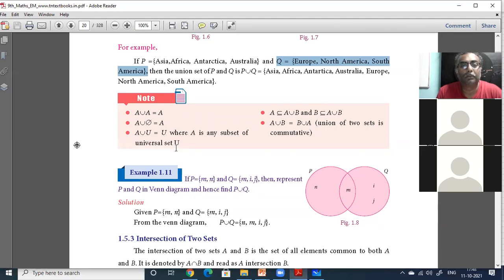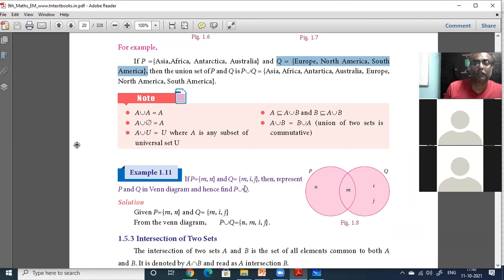Read from the book: example 1.11. Represent P and Q in a Venn diagram and find P union Q. Because M is repeating, you leave off the repeated M.